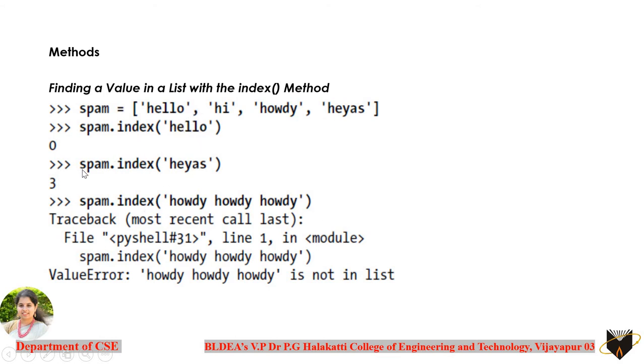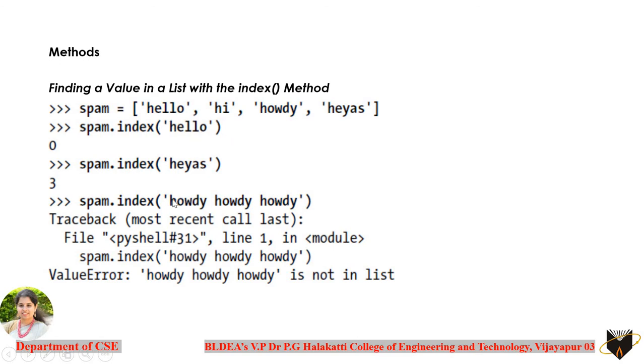In the same way, the next example is spam.index('heas'). At which index value is heas present? 0, 1, 2 and 3. So it is going to give you the result 3. What you need to remember is that the index method is used on the list variable, takes the list element as a parameter, and gives as a result the index value at which this element is present.